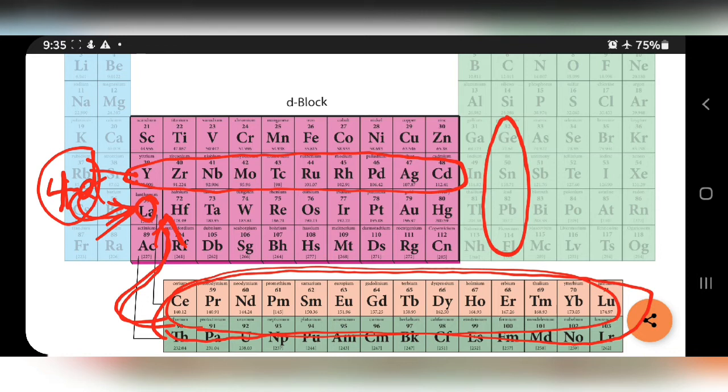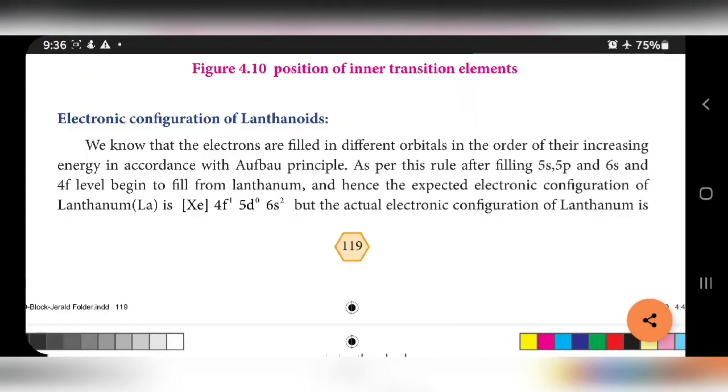Just imagine if these 14 elements came here after lanthanum; this total structure would be disturbed. In each group all the elements have similar properties, but placing these 14 elements here would affect this structure. So a separate place is given at the bottom of the periodic table. That's all. This is the position of lanthanides in the periodic table.